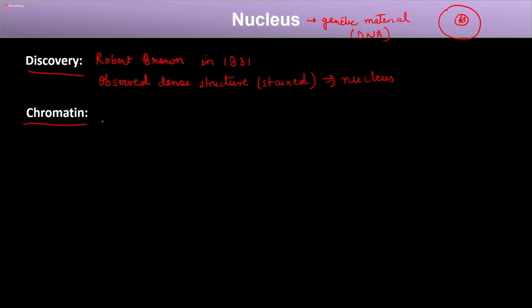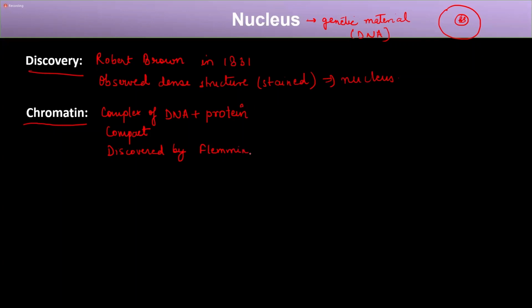You can write that chromatin is a complex of DNA plus protein, and this complex is very compact. Now, who discovered chromatin? Chromatin was discovered by Fleming.